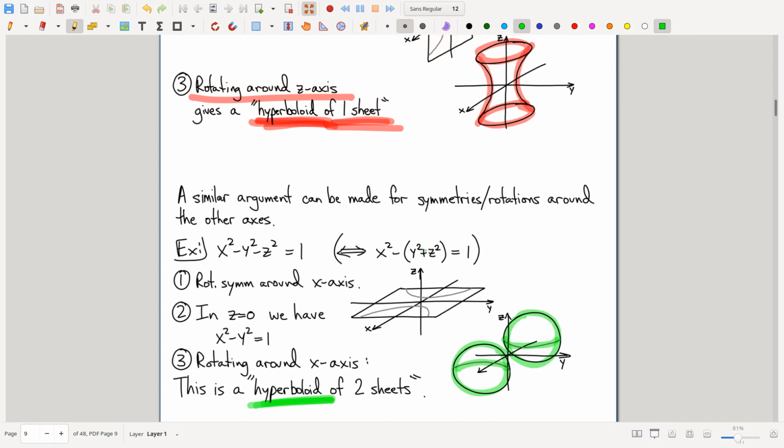They're very different kinds of surfaces. If we are dealing with two very different looking surfaces, we can't give them both the same name. So the word hyperboloid just doesn't cut it. That's why we clarify hyperboloid of one sheet versus hyperboloid of two sheets. Seem like a reasonable choice?